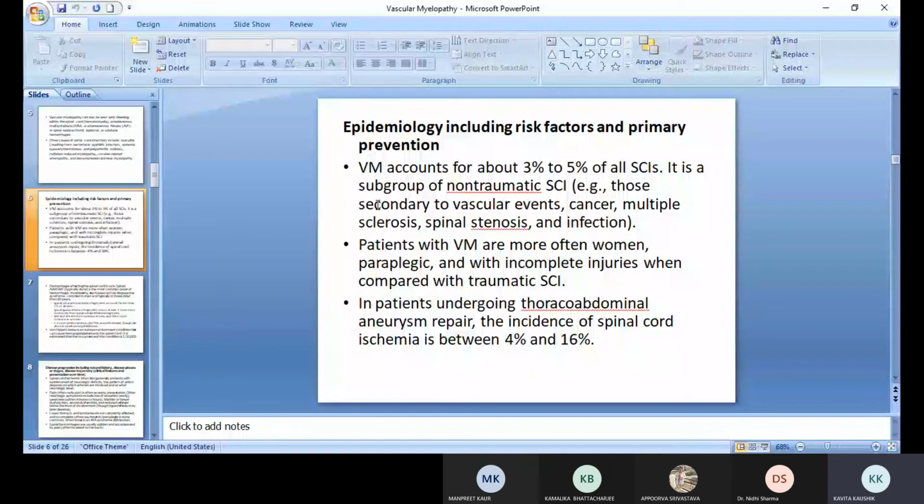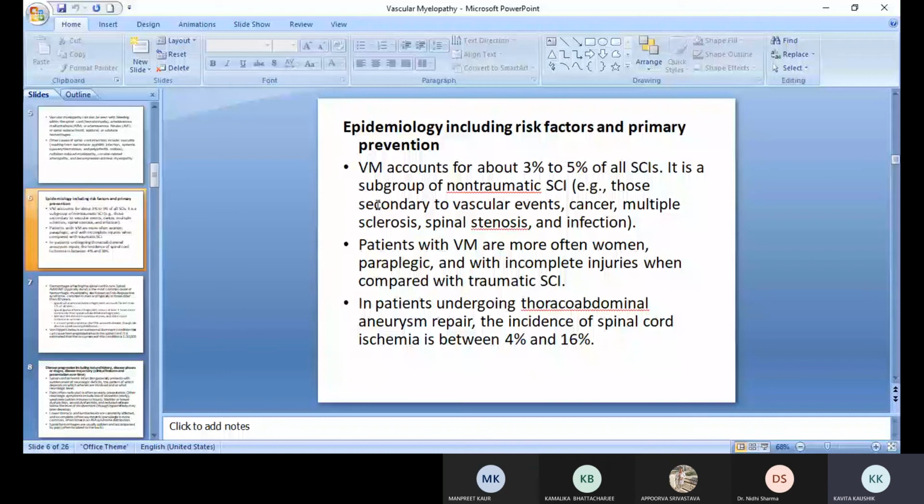This is more often in females, and it includes paraplegia, which is mostly incomplete. In patients undergoing thoracoabdominal aneurysm repair, the incidence of spinal cord ischemia is between 4 to 16%.